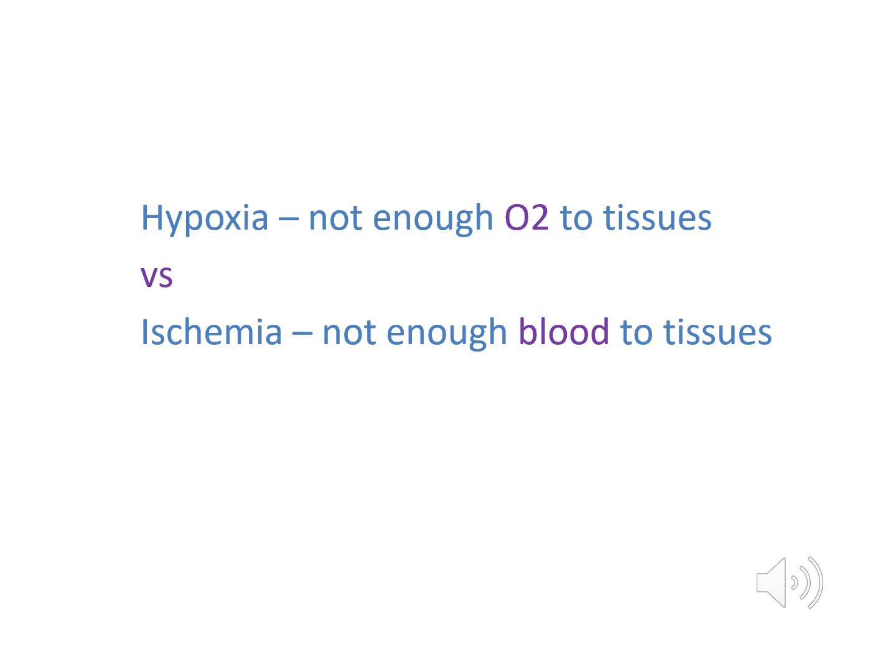Hypoxia means there's not enough oxygen to the tissues. Ischemia means there's not enough blood flow to the tissues. Now, of course, if you're not getting enough blood flow to the tissues, you're not going to be getting enough oxygen either, right? So ischemia can cause hypoxia, but can you see how you can have hypoxia without having ischemia?